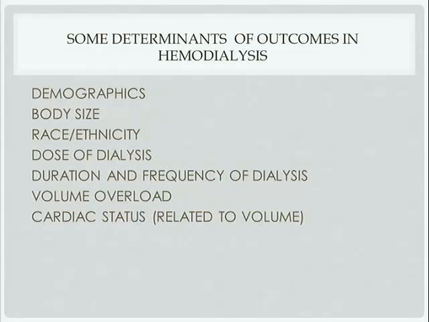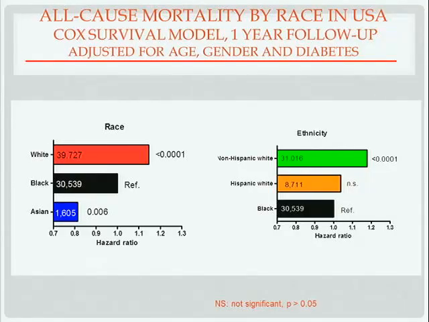So let me just go through these small points, which may be well known to you, but I think they're interesting. The first is when you look at all-cause mortality by race in the United States, for a Cox survival model with 1 year follow-up and adjusted for age, of course, for gender and diabetes, you see there are substantial differences between whites, blacks, and Asians.